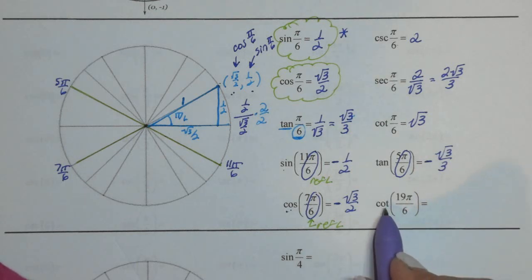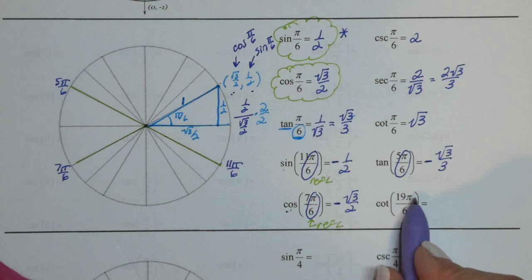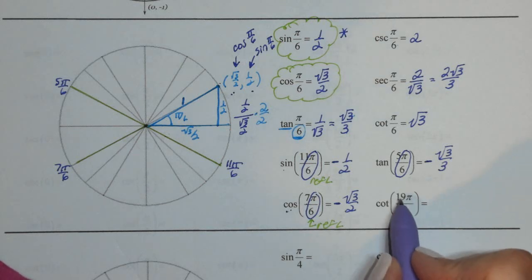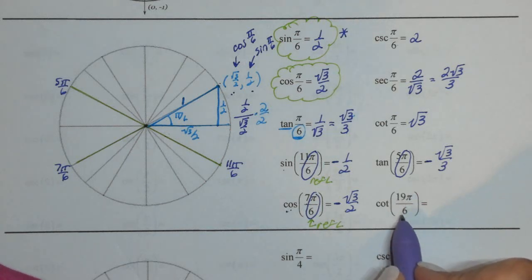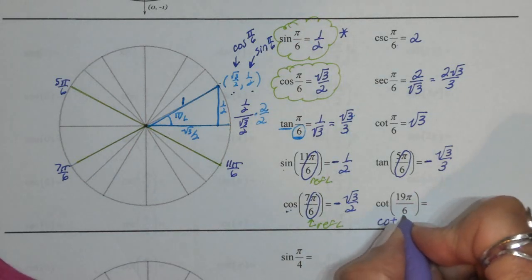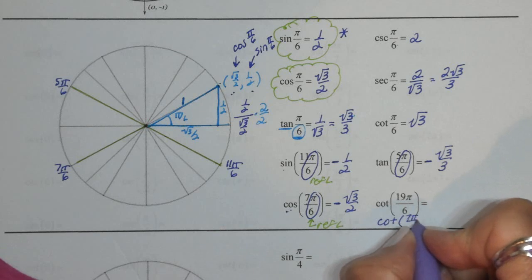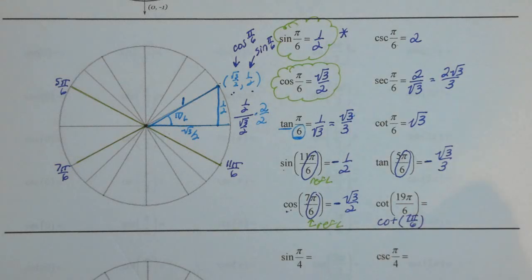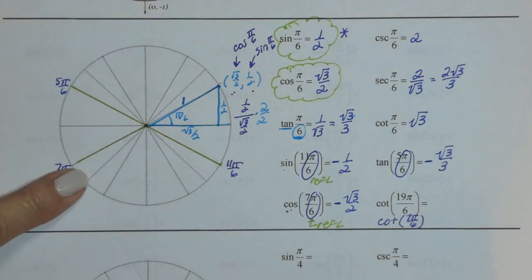What about cotangent of 19 pi over 6? Well, 19 pi over 6 is bigger than 2 pi. How much bigger than 2 pi? It would be 19 pi over 6 minus 12 pi over 6. So this would be the same as cotangent of 7 pi over 6. So we are in quadrant 3.